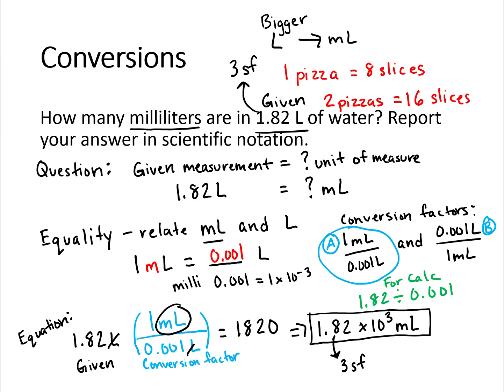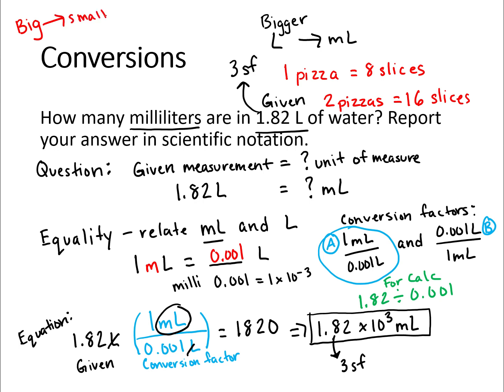So if you're wondering whether your number is correct, compare the unit you start with to the unit that you need at the end. If you're going from a bigger unit to a smaller unit, let me write some of this down. It's all right. That's why we're here.